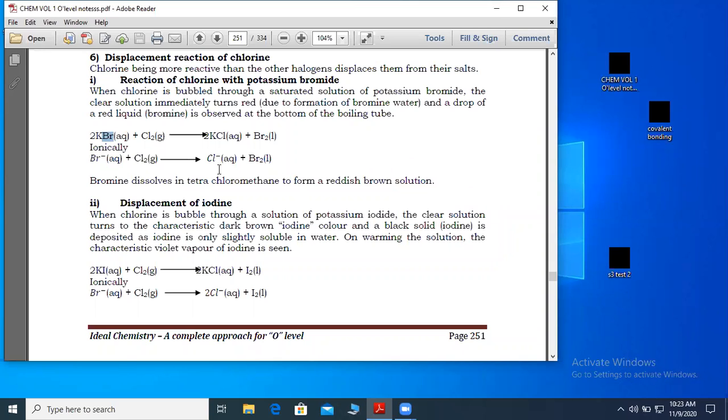That is the explanation. I repeat it. Chlorine is more reactive than bromine. That's the first mark. Therefore, chlorine displaces bromine from its solution of potassium bromide, forming bromine, which is red.